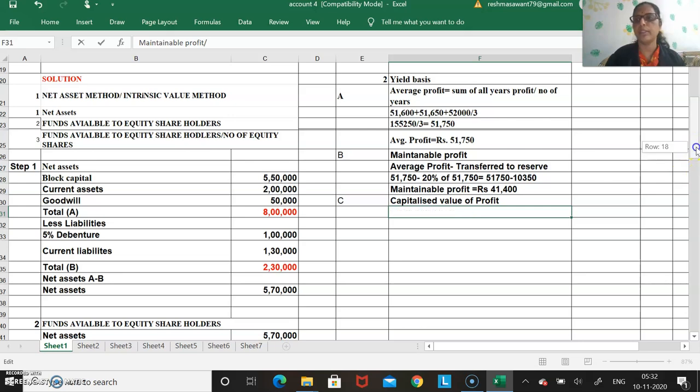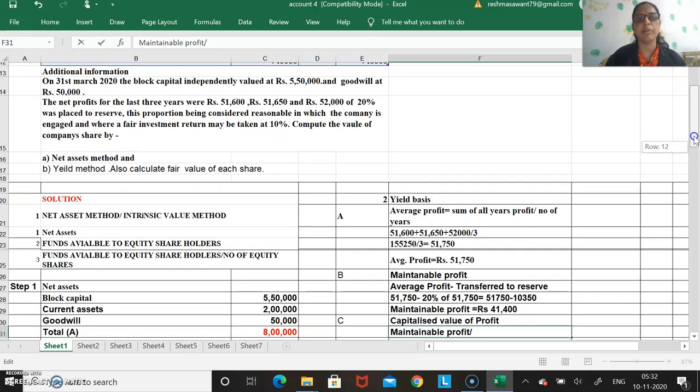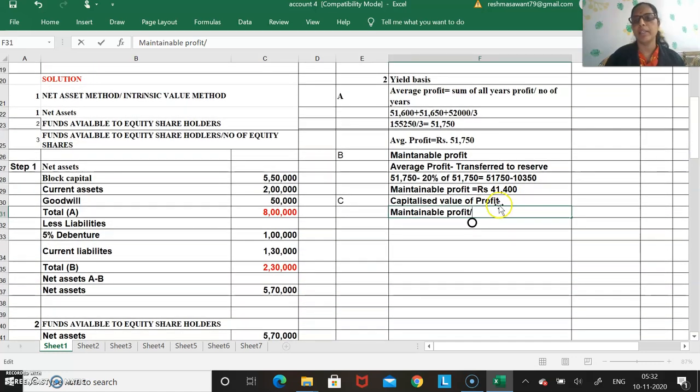So in your question, normal rate of return, that is the fair investment return, may be taken at 10%, that is your NRR, multiplied by 100.